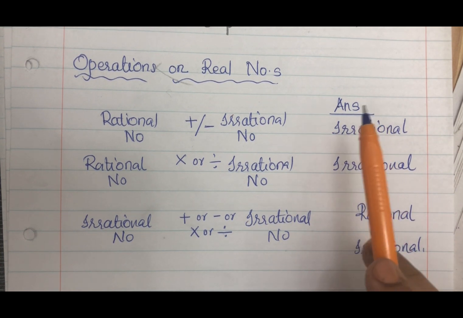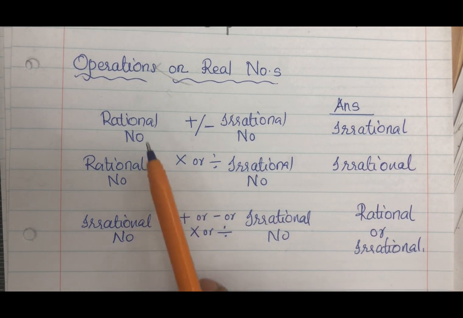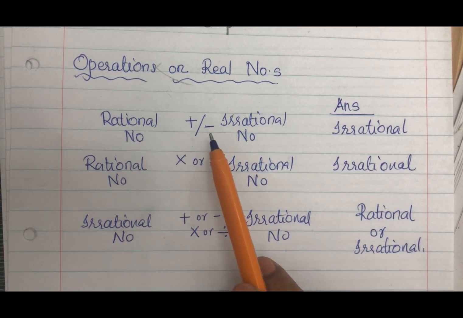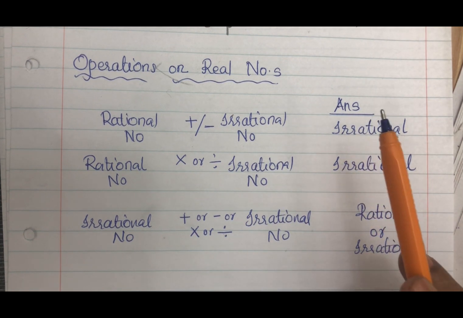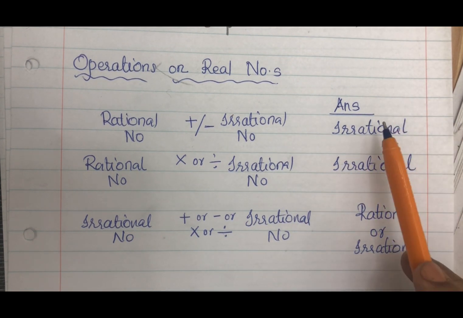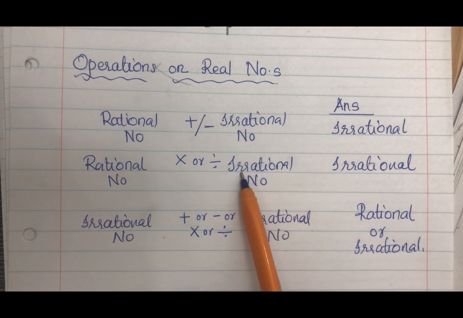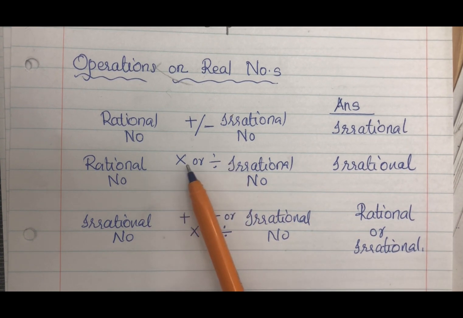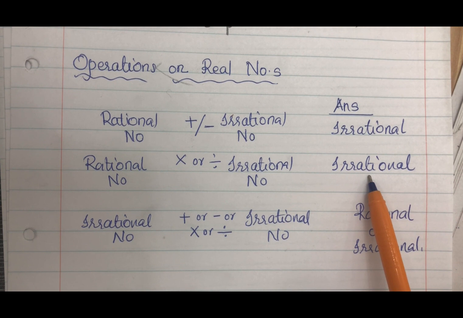The sum or the difference will always be irrational. And also, if a rational number and an irrational number are multiplied or divided, we will get an irrational number.